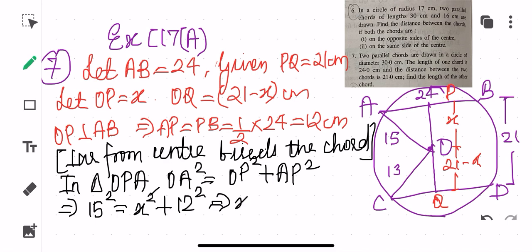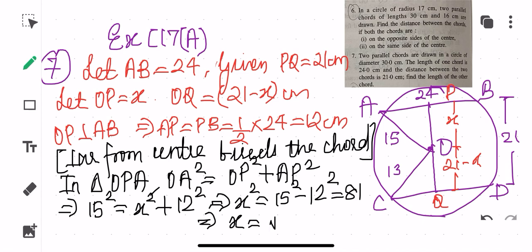So x square will be equal to 15 square minus 12 square, which is 225 minus 144, that is 81. So x is equal to root 81, which is equal to 9 centimeter. So this OP you have calculated as 9 centimeter.